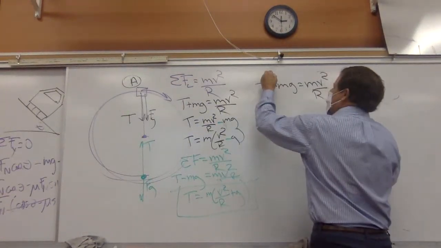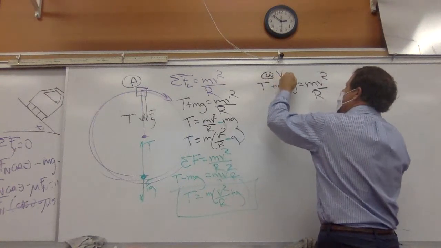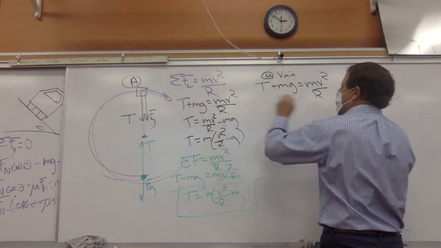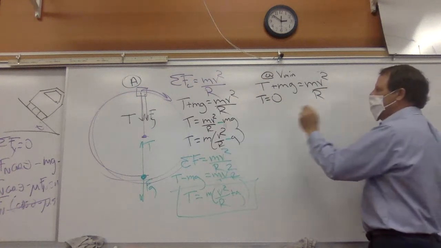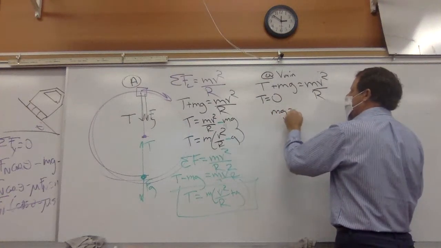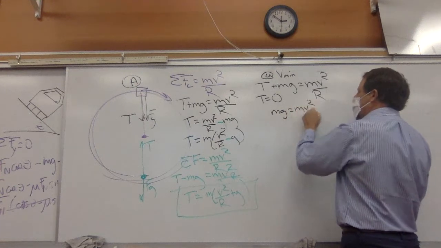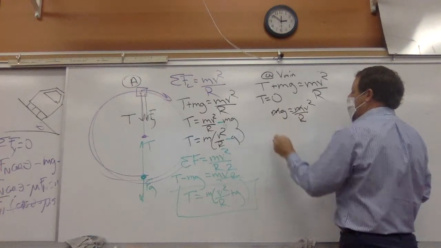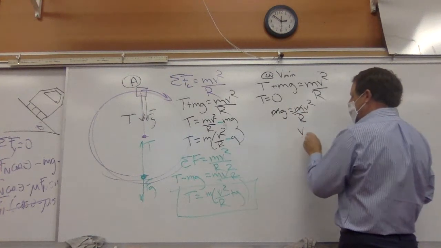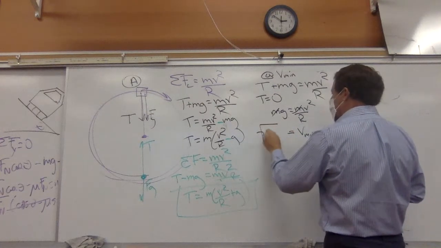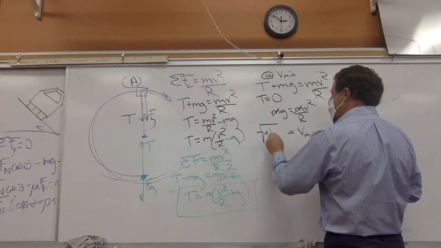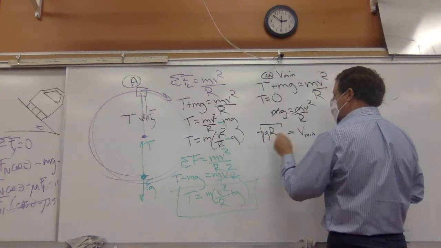So essentially, at the minimum, T is equal to 0. Therefore, mg is equal to mv squared over r. The m's cancel out, so v minimum is going to equal the square root of gr.